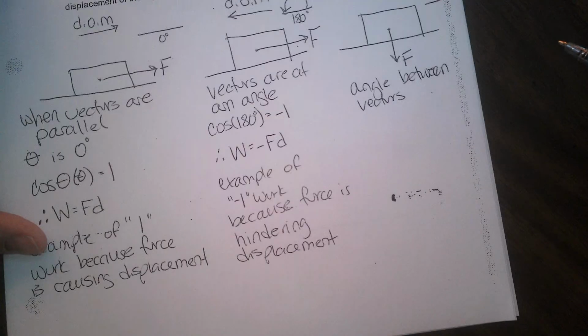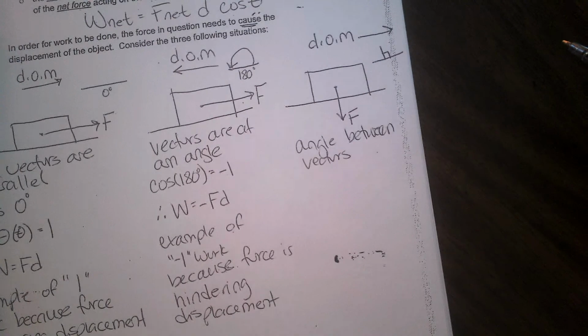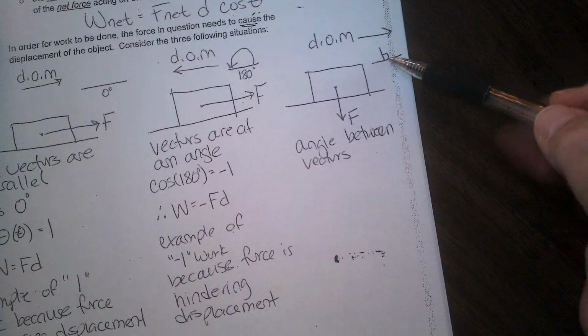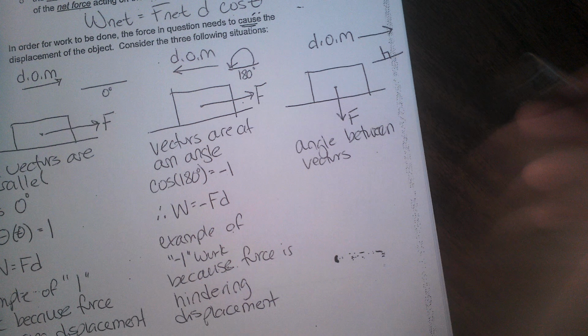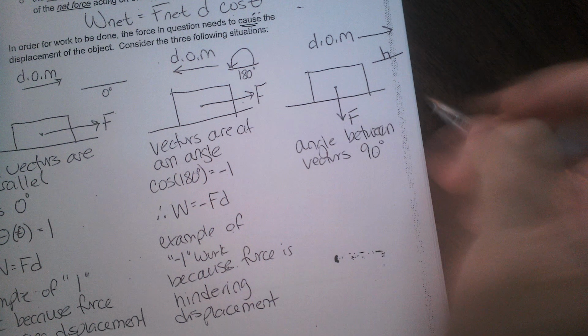What's my angle between the two vectors? How much, Princess? 90 degrees.